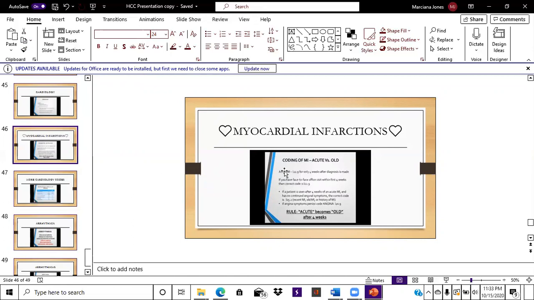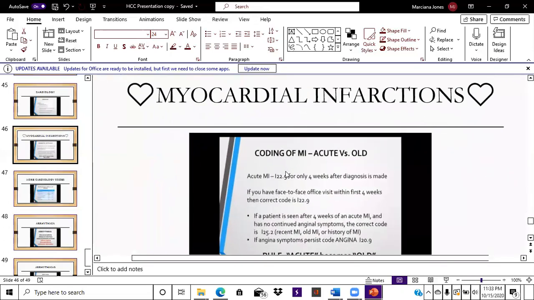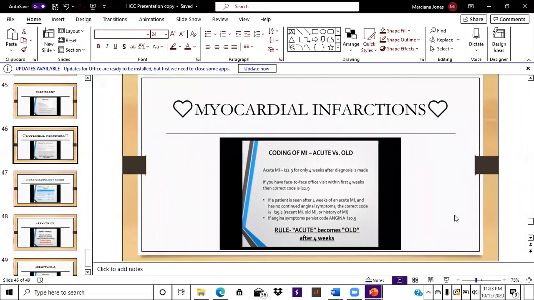So let me blow this up and see what's written here. Acute MI, which is going to be I21.9, only applies for 4 weeks after the diagnosis is made. If you have a face-to-face office visit within 4 weeks, then the correct code is going to be I21.9.